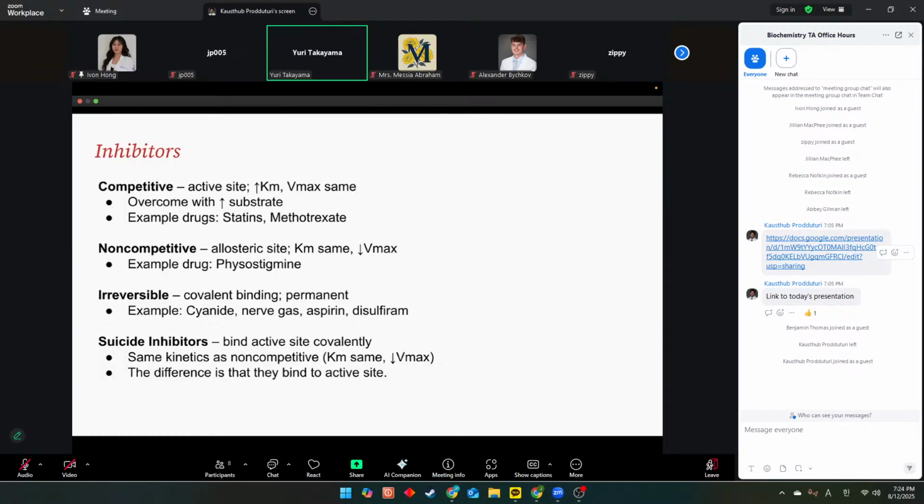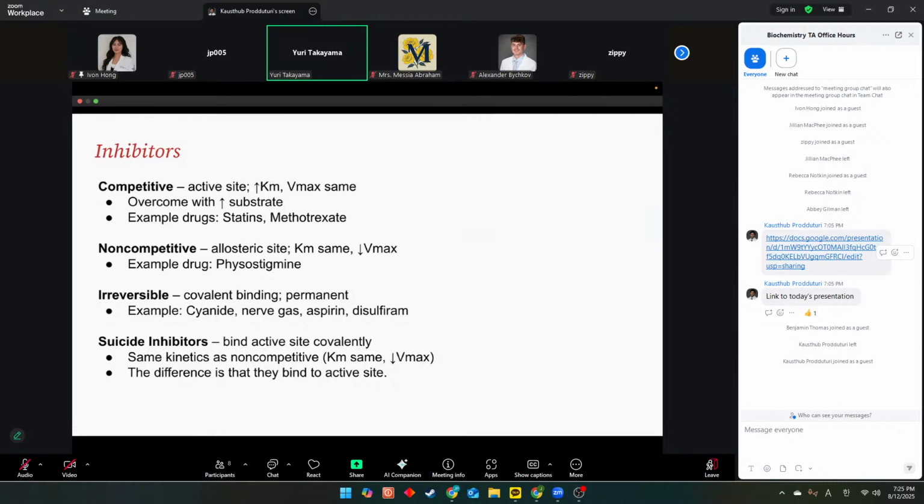Therefore, Km increases because you need more substrate to reach half of Vmax. And Vmax has no change because if you add enough substrate, you can still reach the enzyme's full catalytic rate. Example drugs are statins and methotrexate. I think they're going to test the drug names too, so make sure to memorize that.